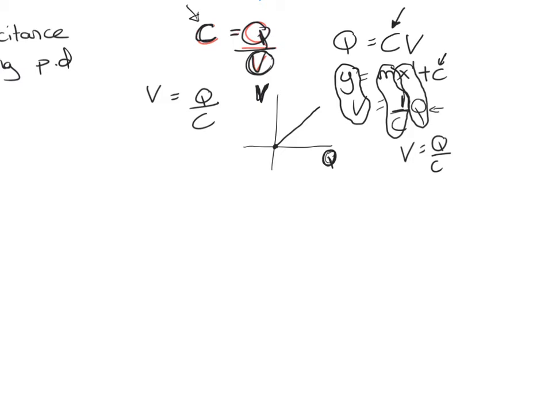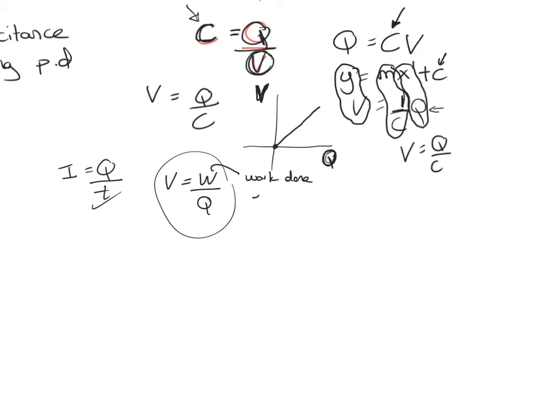The most common ones are: current is charge divided by time, and potential difference is work done per unit charge. Many people are okay with the first one. Not many people are okay using this one. Remember, this is work done or energy transferred. It's the same thing.